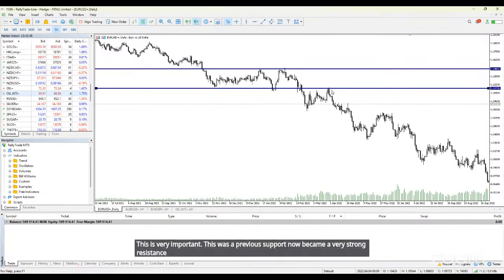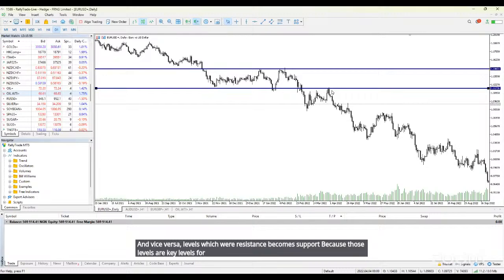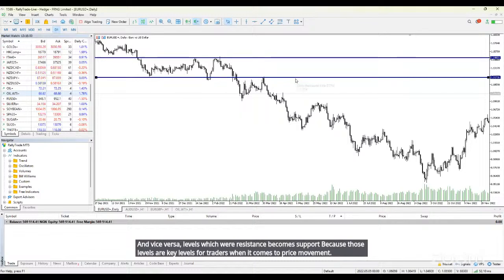And you will see down the line that most of the time, levels which were support becomes resistance, and vice versa. Levels which were resistance becomes support, because those levels are key levels for traders when it comes to price movement. Okay, we can continue.